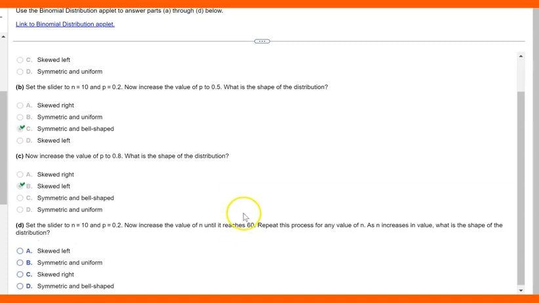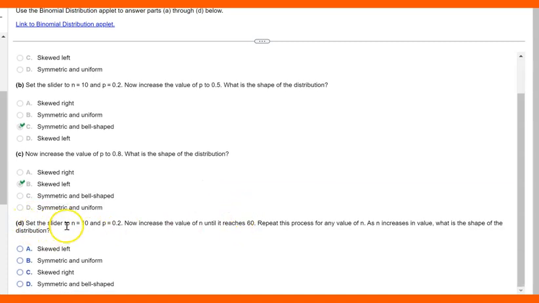Now the next question. Set the slider to n equals 10 and p equals 0.20. Let's do that first. Now increase the value of n until it reaches 60. Repeat this process for any value of n. As n increases, what is the shape of the distribution?